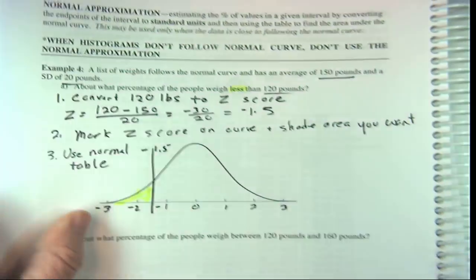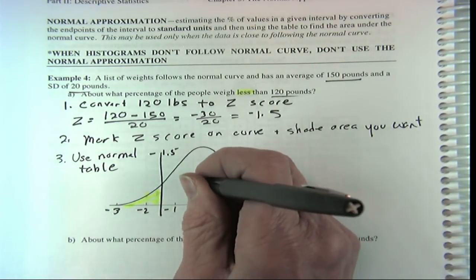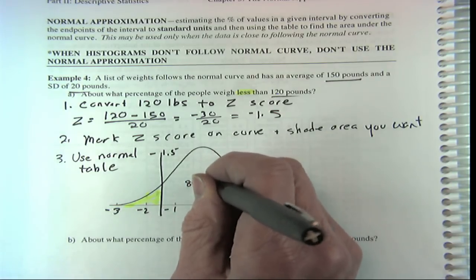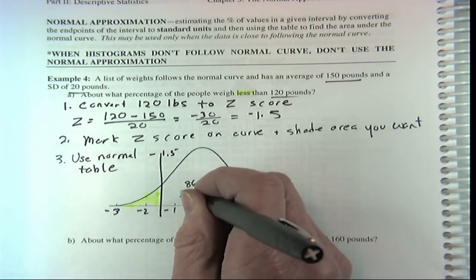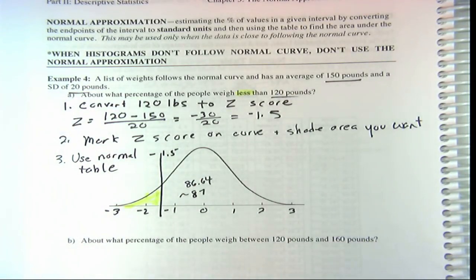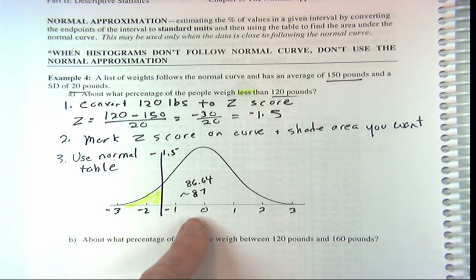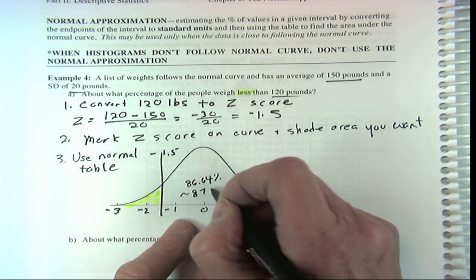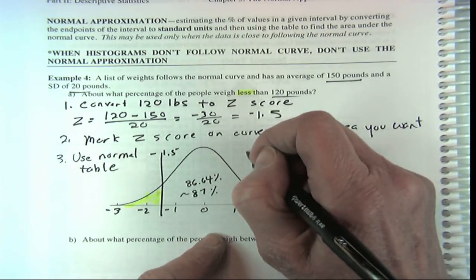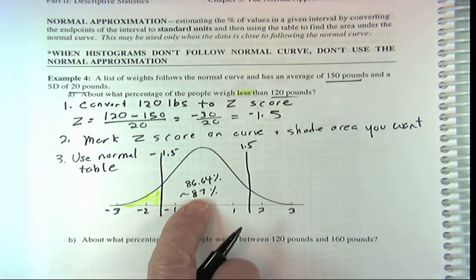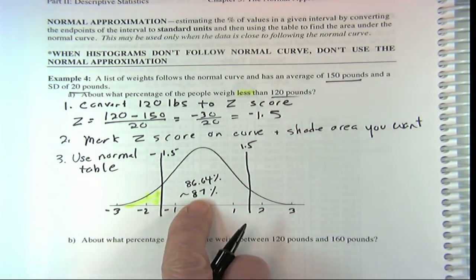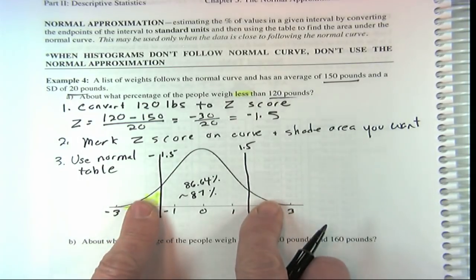Sometimes I'll say that's approximately 87, that you can round the middle area. Why don't we do that so we can do these in our head better? So that's what's in the middle, to 1.5. So if that's approximately 87, what are these two together?